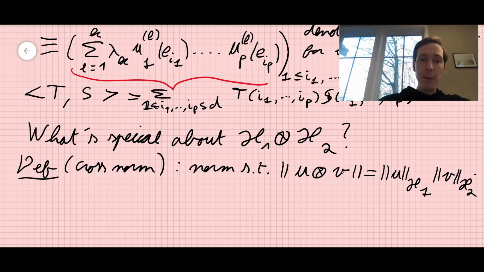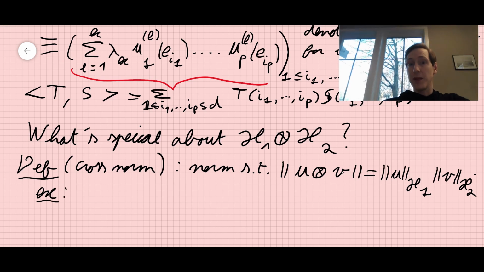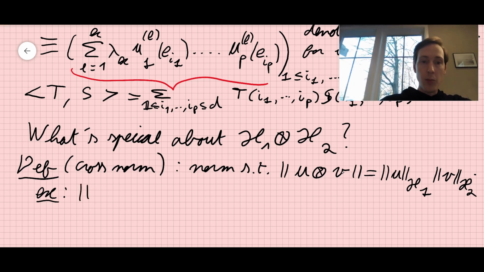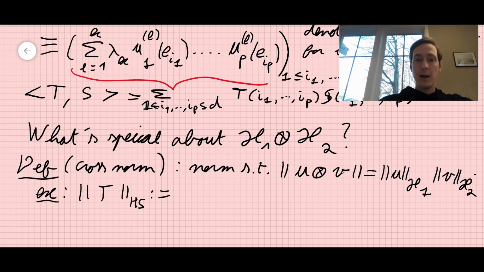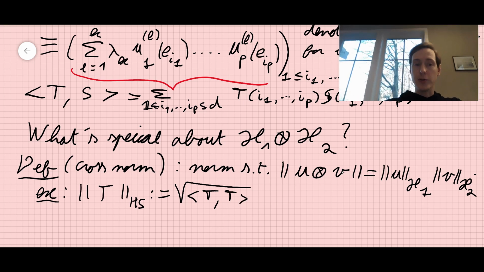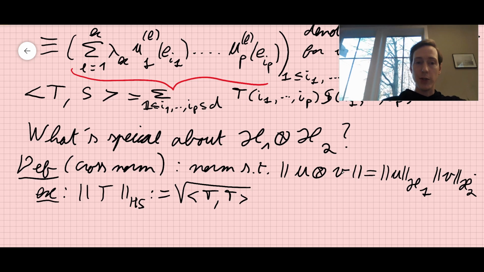So what's an example? Well, the Hilbert-Schmidt norm, the norm that comes from the Euclidean structure. The norm of T, let's call it Hilbert-Schmidt, is nothing but the square root of the inner product of T with itself. Let's do a very simple exercise to make sure we have all the notation correct.